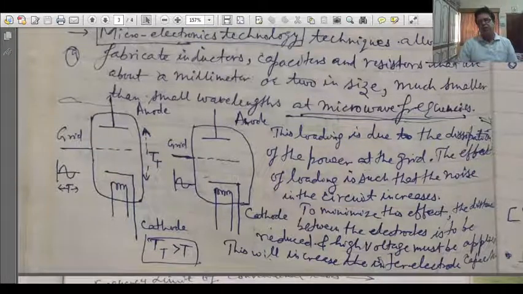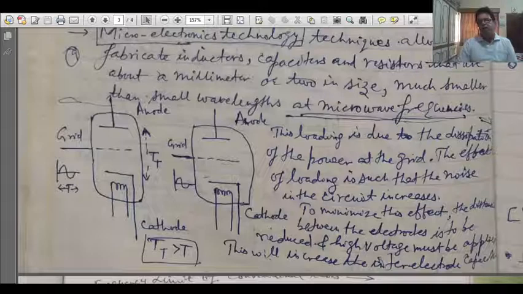The effect of loading is such that noise in the circuit increases. To minimize this effect, the distance between electrodes is to be reduced, and high voltage must be applied.